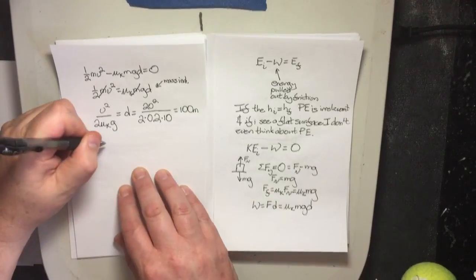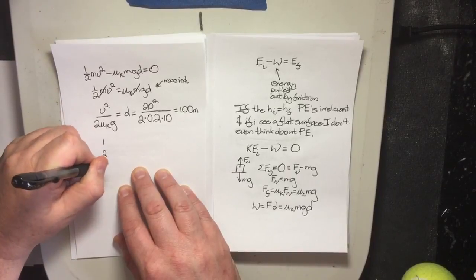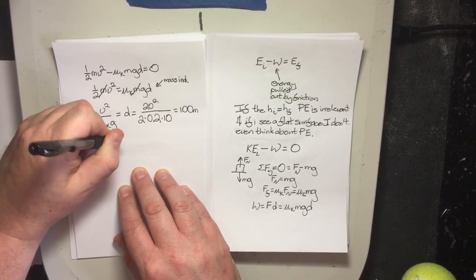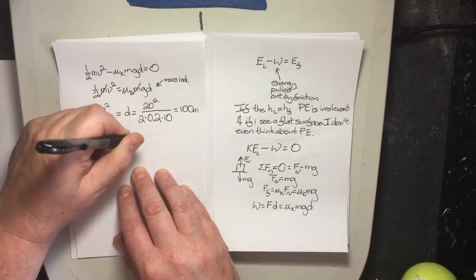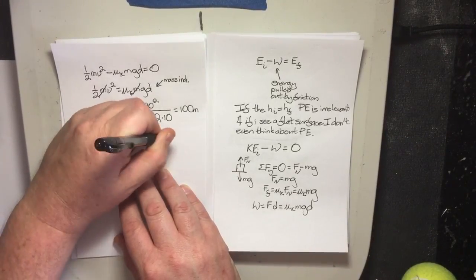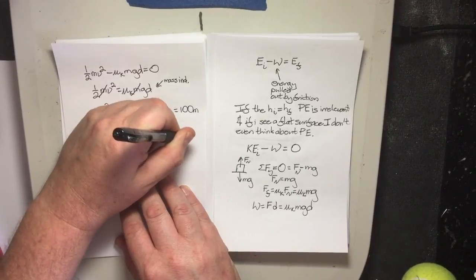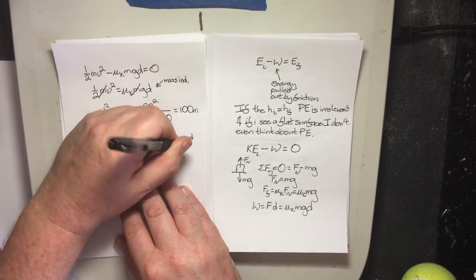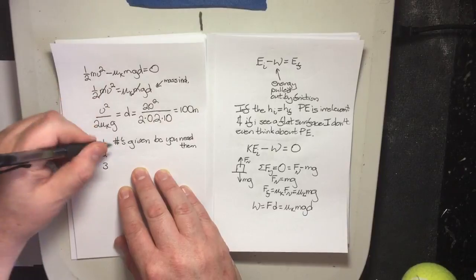It falls into 3 categories, and I'll restate the categories. Numbers given because you need them. I mean, you can't do the problem if you don't have them.